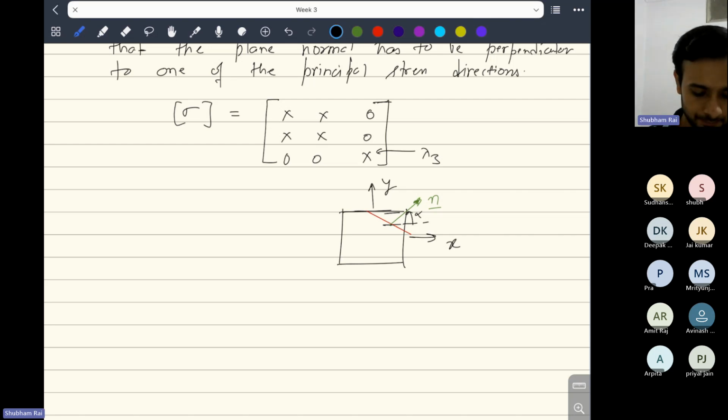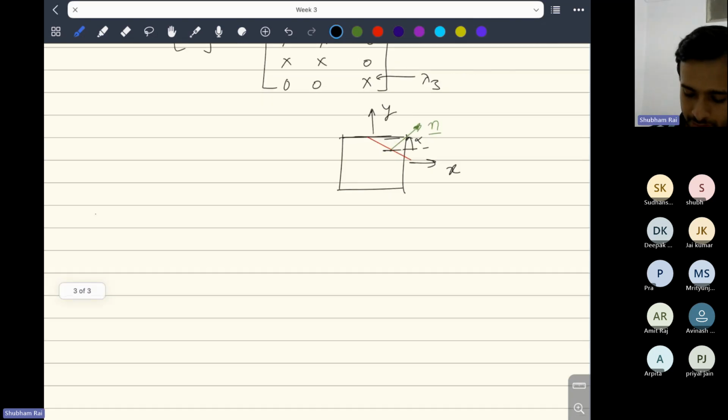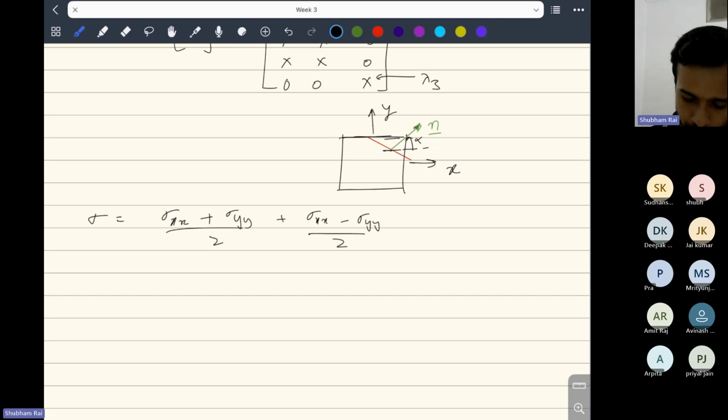In that case, your normal stress will be given by (sigma xx plus sigma yy)/2 plus (sigma xx minus sigma yy)/2 times cos 2 alpha plus sigma xy sin 2 alpha, right?